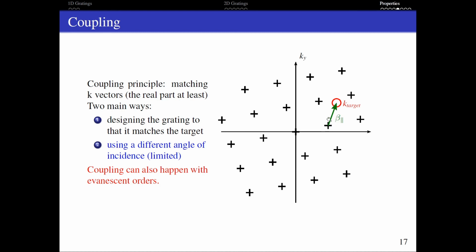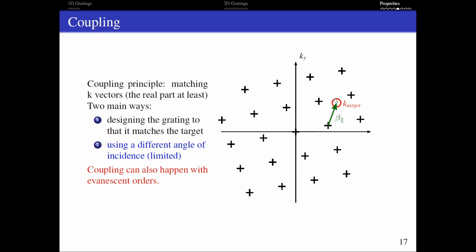So this is what is done usually with the Kretschmann configuration. When you give an angle of incidence to your field, what you're actually doing is that you're matching, in this case, the 0-0 order with the K target of your plasmon.